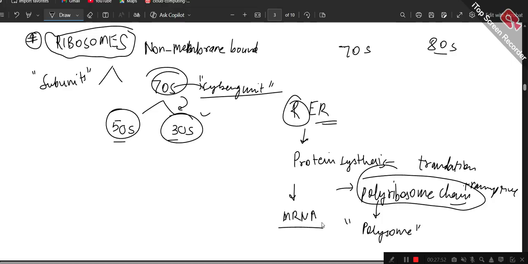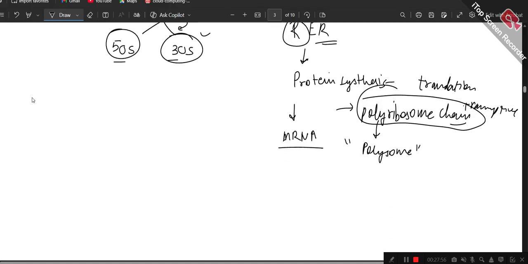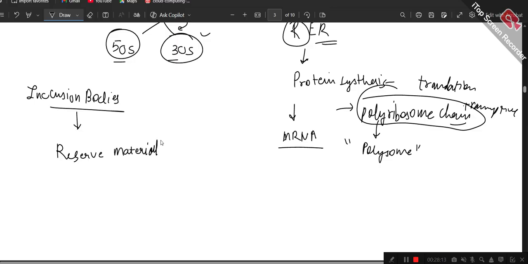Now, the inclusion bodies part. Inclusion bodies also come up, and it is written specifically in your syllabus. These are reserve material stored in the cytoplasm of the cell. They lie freely in the cytoplasm and are not bounded by any membrane.